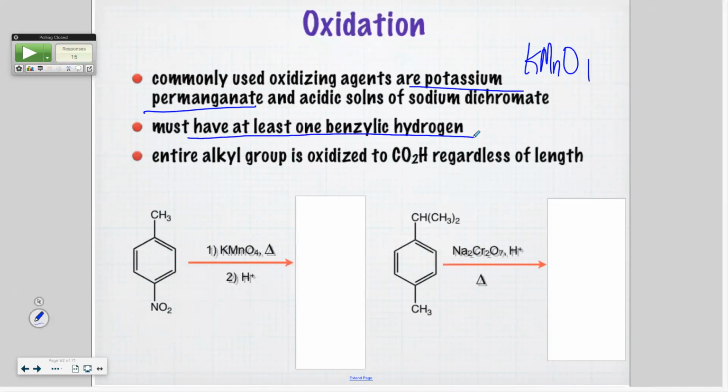So how many benzylic hydrogens does this first compound have? 3, right? You have to have one. If you don't have one, it won't work. The entire alkyl group gets oxidized to a CO2H. So what you're going to make is going to be that.